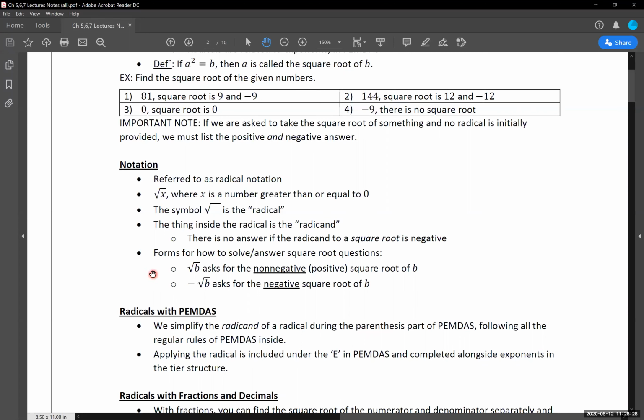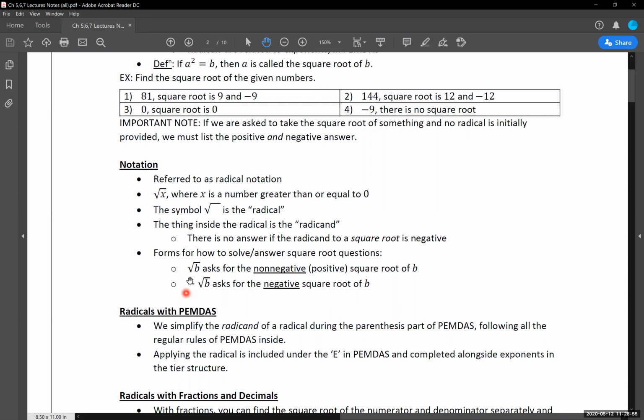So our forms for how to solve or answer square root questions. If I have the square root of b, the first one that we have here, this is asking for the non-negative or the positive square root of b. So in this instance, if I'm given the square root of b, I just list the positive answer. In the instance that we have here, negative square root of b, this is asking for the negative square root of b.